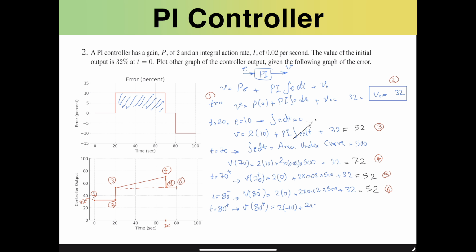Now, moving forward, we have considered 80 plus. The last point is 100. We can think about 100 minus, which is just a little bit behind 100.